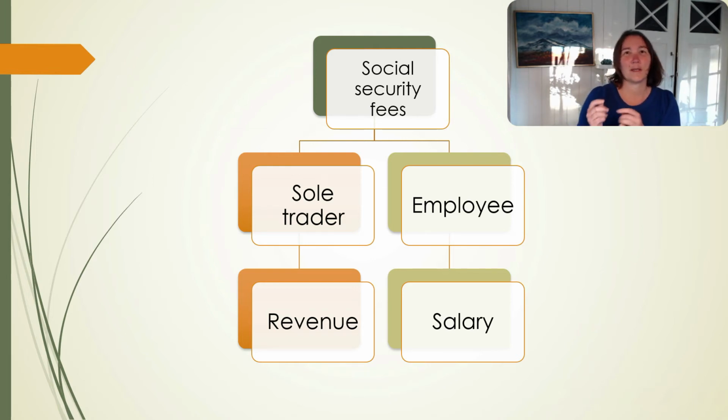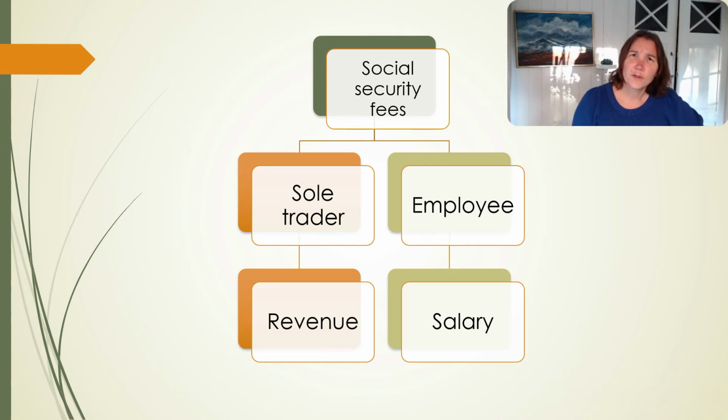So then we go back to what we just learned about the A tax. When you run a limited company, you personally use your A tax when you receive a salary. But if you're running as a sole trader, then you calculate these social security fees on the revenue in your company. So the income, deduct the costs in your company, and then you see what the revenue is.